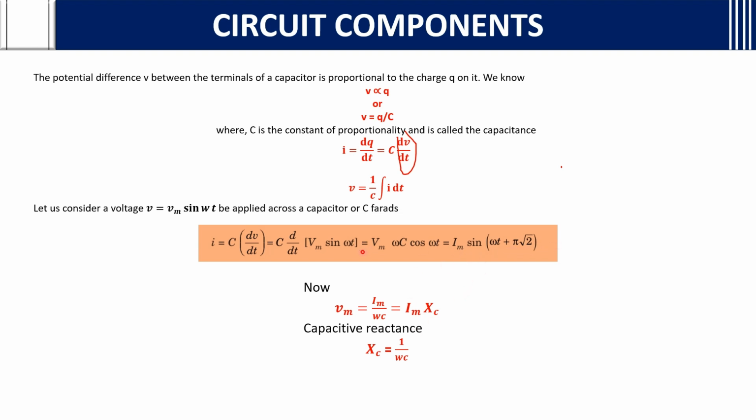Now, by comparing these two, we can say Vm equals Im by omega C. So Vm equals Im Xc. 1 by omega C equals Xc, the reactance of the capacitance, capacitive reactance. Capacitive reactance Xc equals 1 by omega C. This is important. Whichever I have marked with red, these are the important things you need to remember.